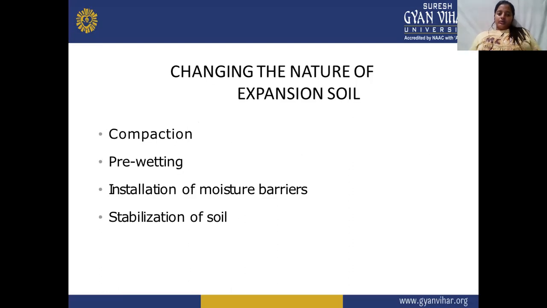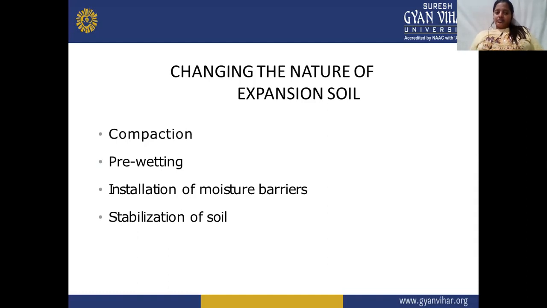Changing the nature of expansive soil. First of all, what can be done is compaction. Compaction will greatly reduce the amount of voids present in the soil particles. Pre-wetting: as we know, when the soil is exposed to water, it swells and fills up all the voids.